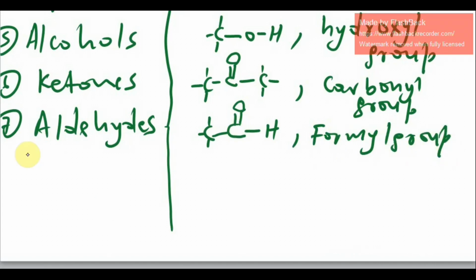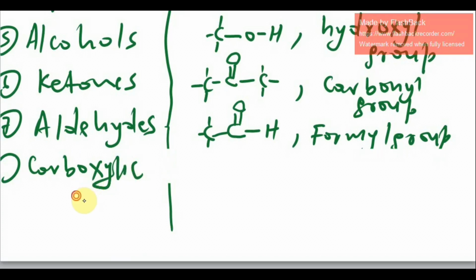Number 8, we have the homologous series that is known as carboxylic acid. Okay, so the carboxylic acid has a functional group that has a carbon with double bond O and also OH.